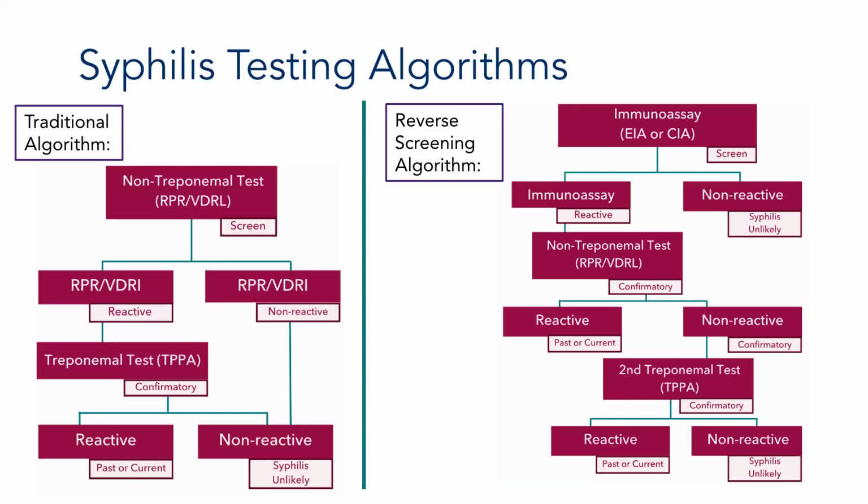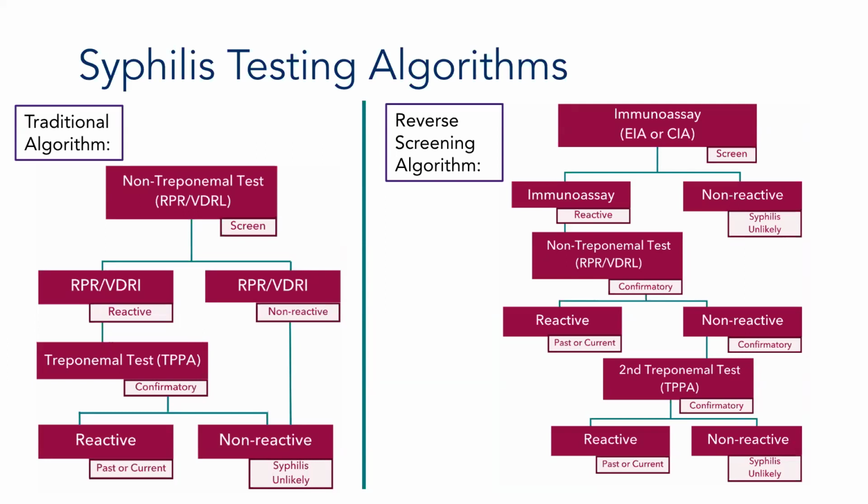In the emergency department, that initial TREP test is typically the TPA because that's the one that's run on that same testing platform.